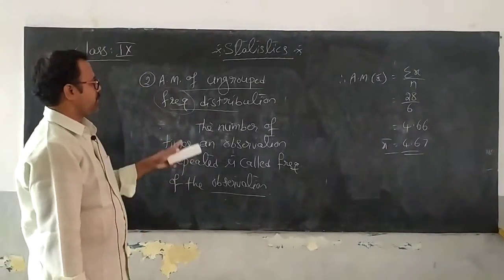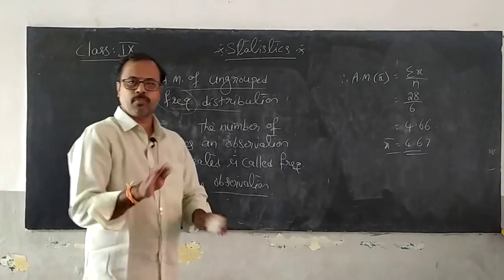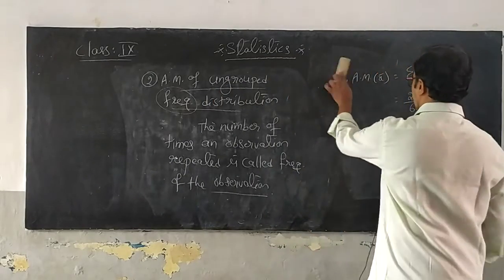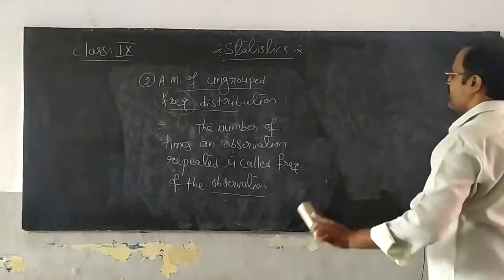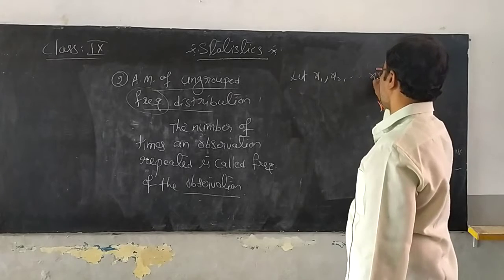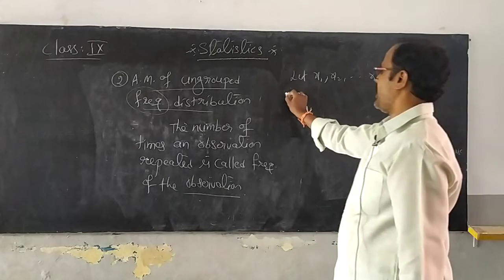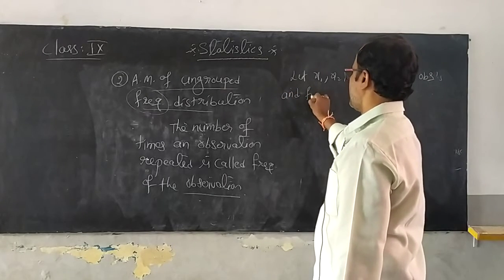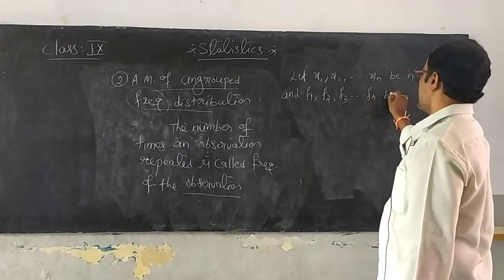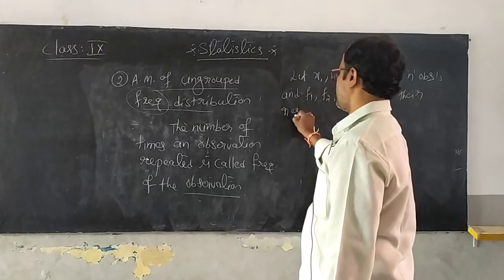Now what we do here in ungrouped frequency distribution, that means here also we are not grouping, but we are taking the observations along with their frequencies. Okay, so how do we take that one? Let x1, x2, so on xn be n observations, and f1, f2, f3, so on fn be their respective frequencies.